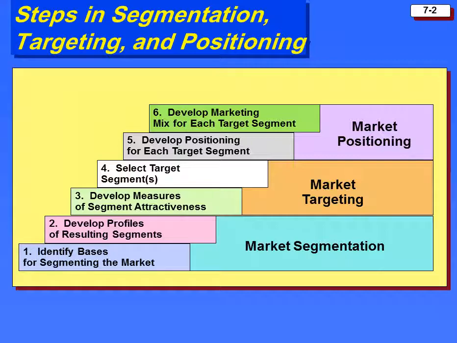In this chapter, we have three main topics. Market segmentation has two steps: first, identify the bases for segmentation of the market; step number 2, develop profiles of the resulting segments.